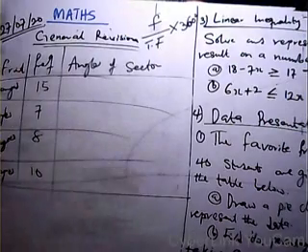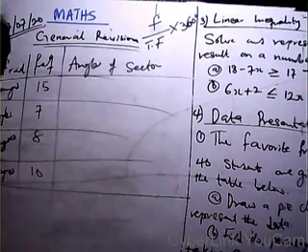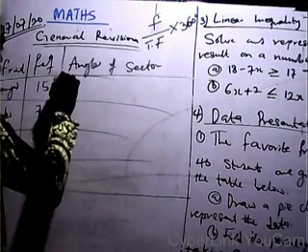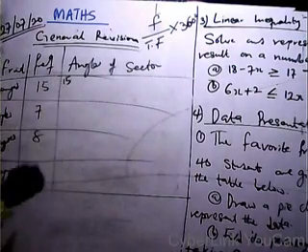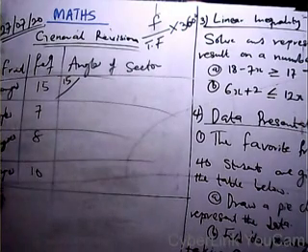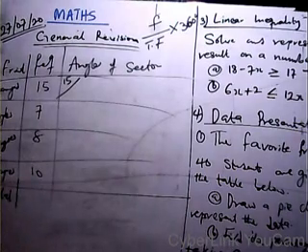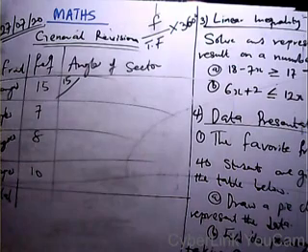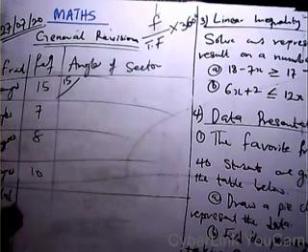Am I communicating? Okay, for you to get the angle for orange, the frequency is 15 all over the total frequency. Let's get the total. 10 plus 8, 18. 18 plus 7 will give us 25. 25 plus 15 will give us 40.